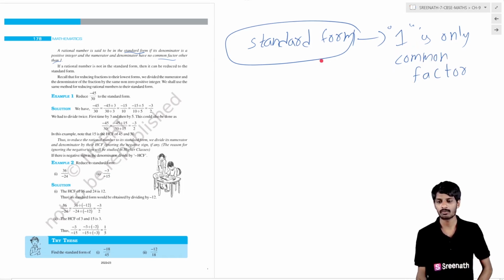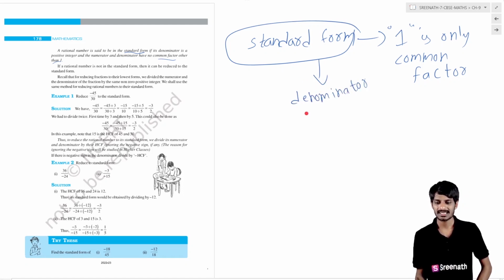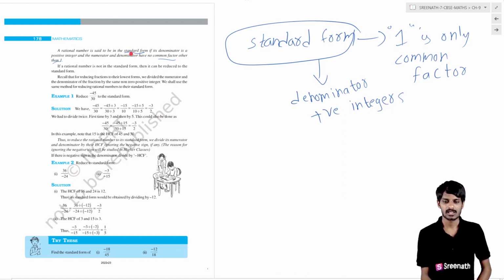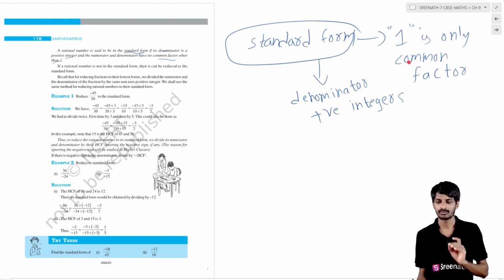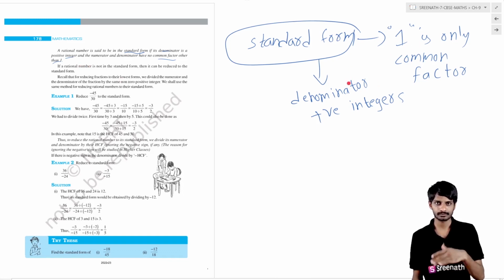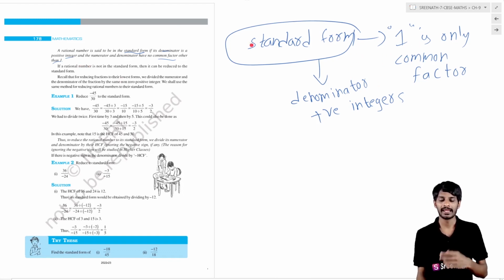The other condition is that the denominator must be a positive integer. If these two conditions are satisfied by any rational number, we call that rational number to be in standard form.